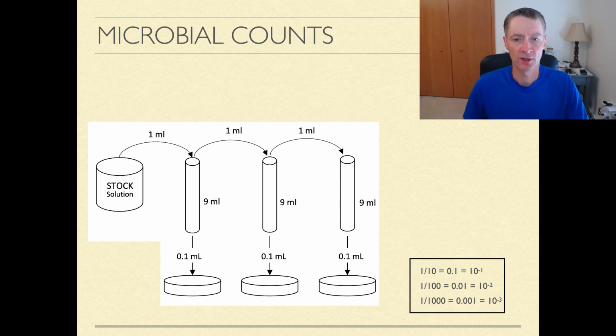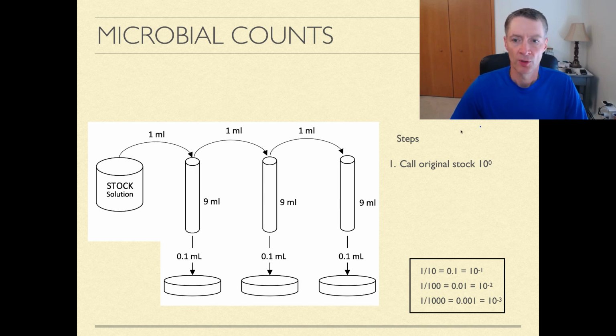Here's an example that is similar to the example we had in the lab, except they had 5 tubes instead of 3 tubes. So the first step I would say is you want to find the original sample. You want to find the original or stock solution, sometimes they'll say, that you want to find the concentration for.